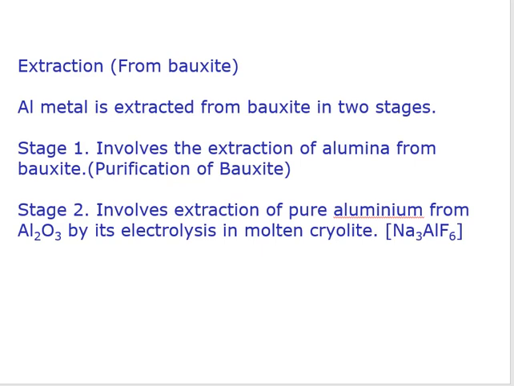The first stage involves extraction of alumina from bauxite, that is, purification of bauxite. The second stage involves extraction of pure aluminium from alumina, and this is done by electrolysis in molten cryolite.